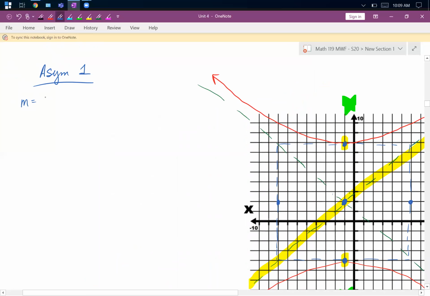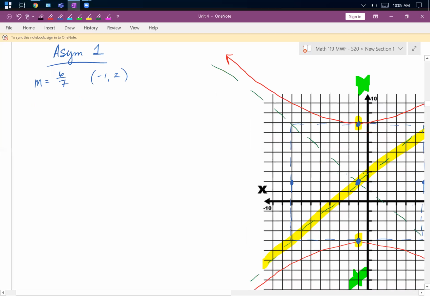All right. So slope of 6/7, and then we have to choose a point that it is passing through. And like I said, I always pick the center. But now we have to do the full process of writing the equation of a line. You can use point slope form or slope intercept form.